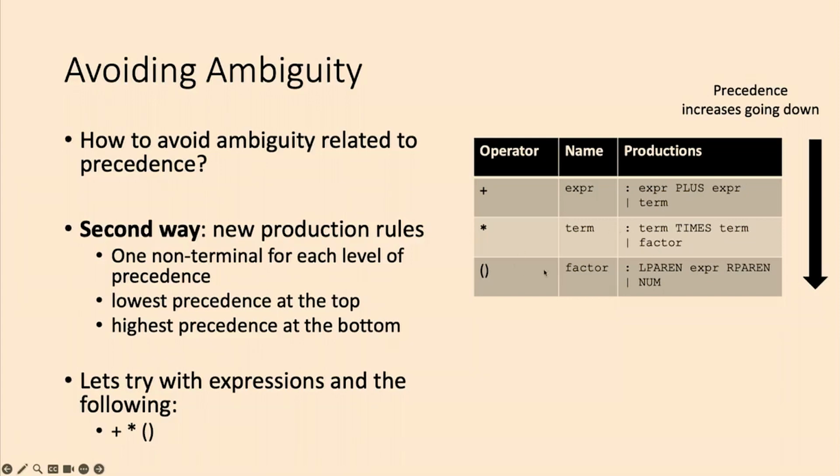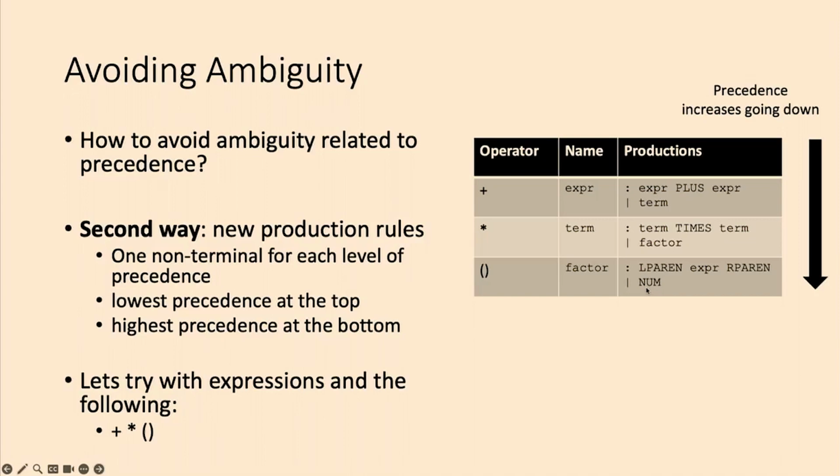And then the factor has our left parenthesis, expression, because whatever you put in parentheses is going to have highest precedence, and we can loop all the way around. If you put something that has an addition inside of the parentheses, it's still going to have highest precedence. So you can do recursion and loop yourself around to the top of the table, but only if you're surrounded by parentheses. So a factor is a left parenthesis, followed by an expression, followed by a right parenthesis, or the base case of our recursion, a number.